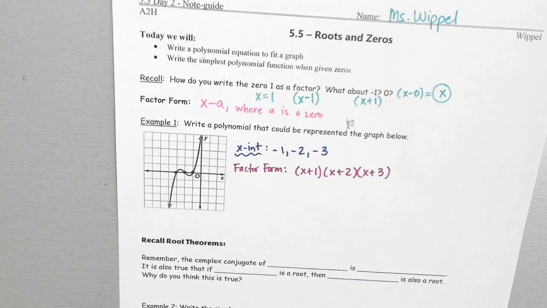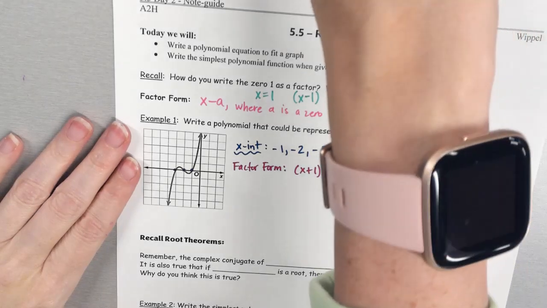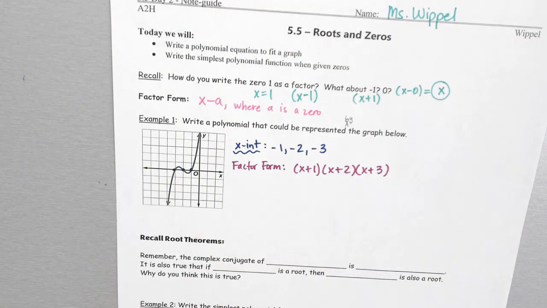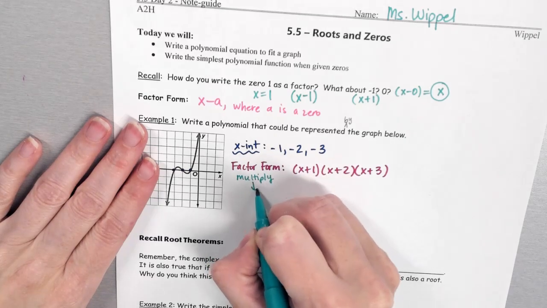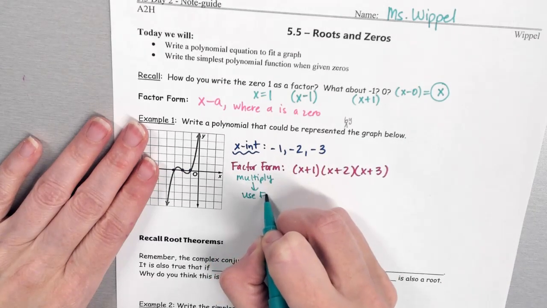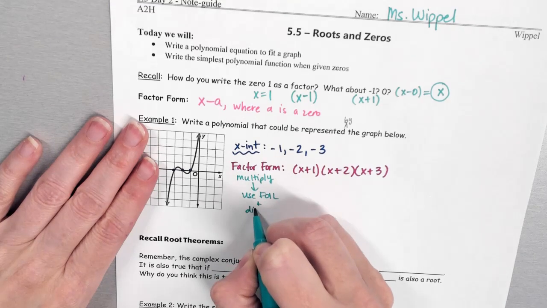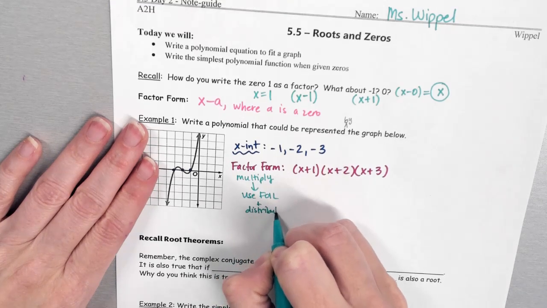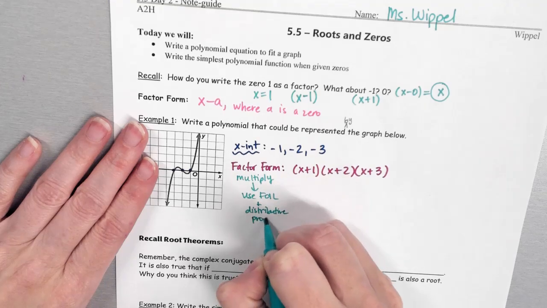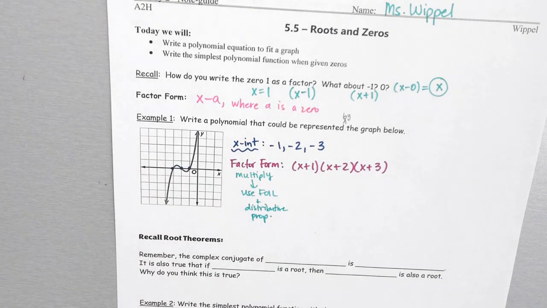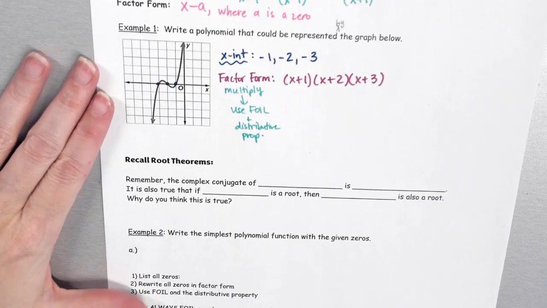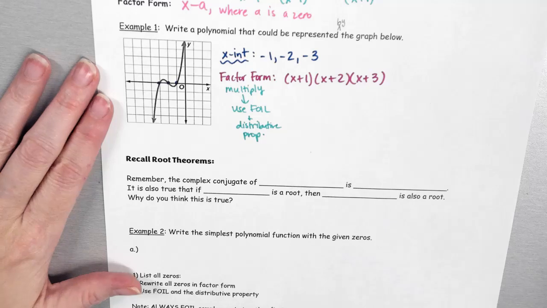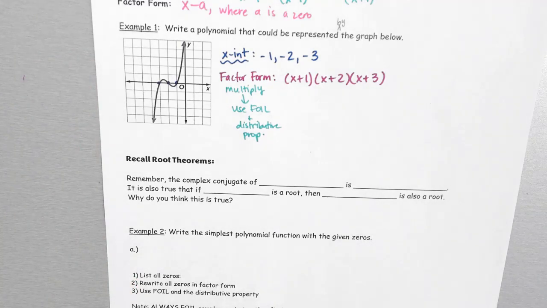Okay, so to find a polynomial, what we're going to do is multiply that out. And when we multiply, we're using FOIL and the distributive property. And you can multiply these in any order.